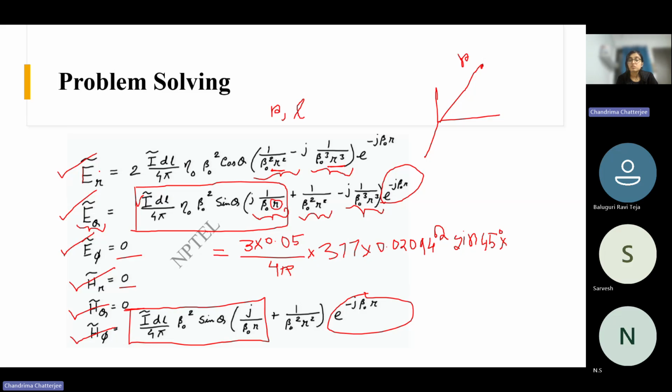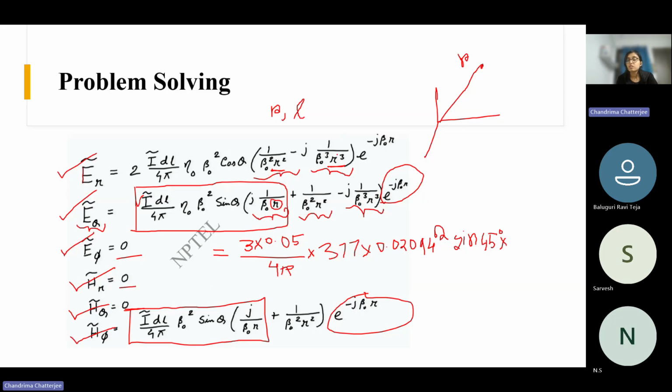Actually all these terms are electric field. For far field, if you want to calculate more accurately, then you will have to consider all the terms. But for ease of calculation, we are neglecting these terms because if you calculate, you will see they are very low.